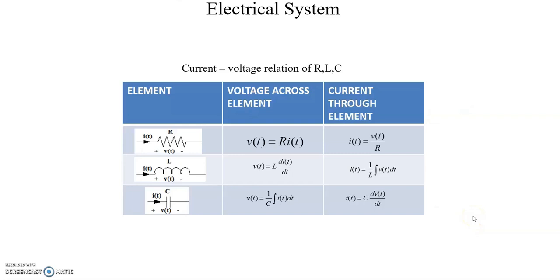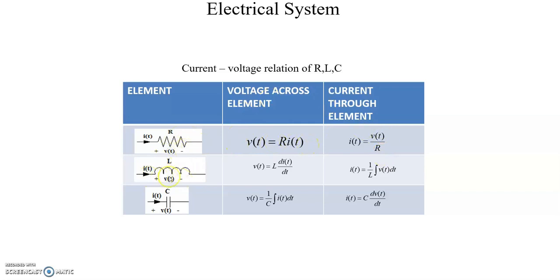Next, this table represents the current-voltage relationship of RLC elements in an electrical circuit. The first element is the resistor. The current flowing through the element is I of t, which is equal to V of t by R. The voltage across the element is V of t is equal to R into I of t.